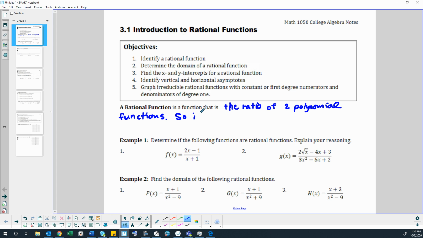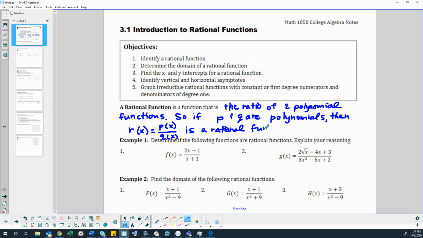So if P and Q are polynomials, then R of x equals P of x over Q of x is a rational function. And of course, Q of x cannot equal 0.